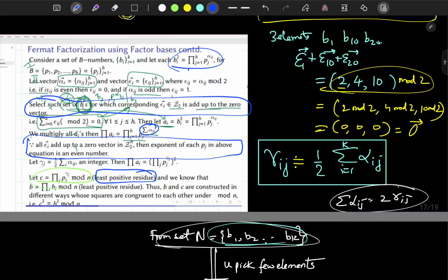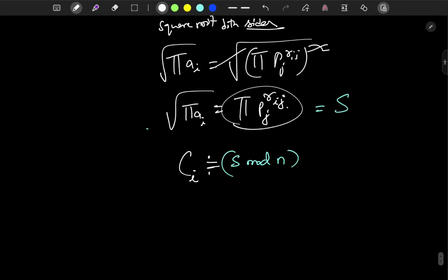Now this is how we will find c. How to find c: from all these things you pick some elements and multiply these values.